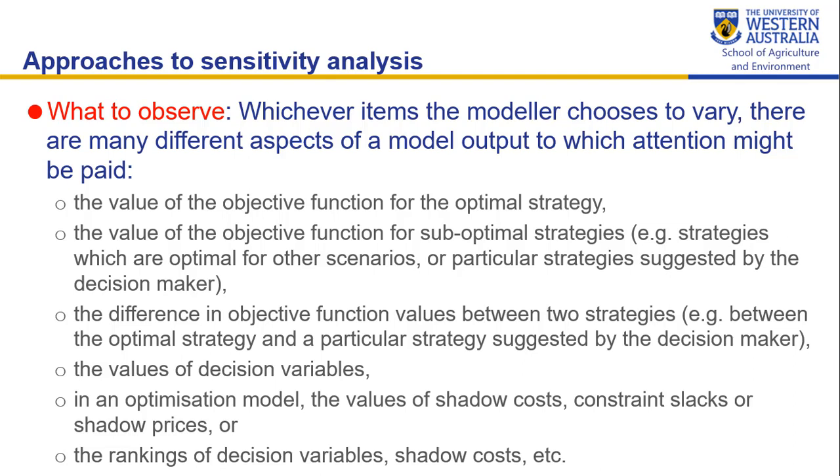The difference in objective function values between two strategies, the values of the decision variables, the values of shadow cost, constraint slacks, or shadow prices in case of an optimization model, the ranking of decision variables, shadow cost, etc. These are just examples. What you are interested to observe would depend on the kind of model you have and what you are interested in.